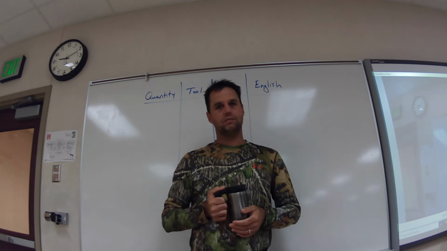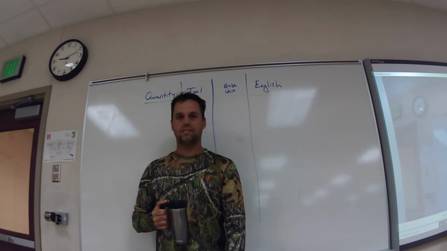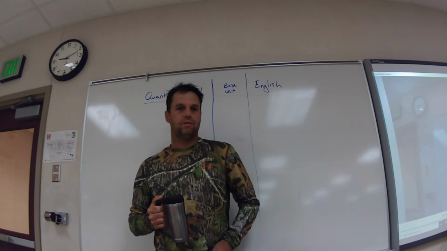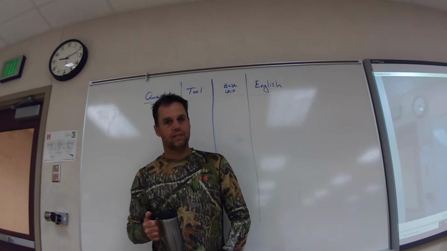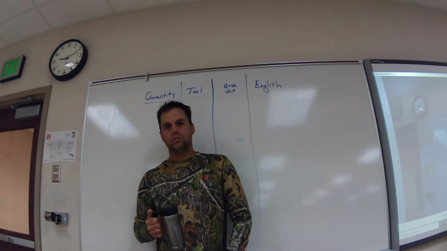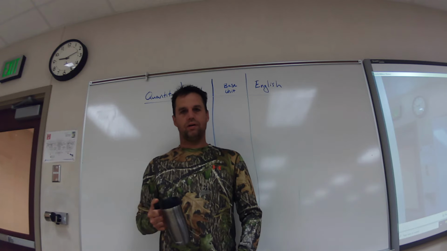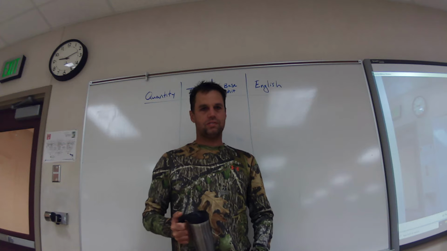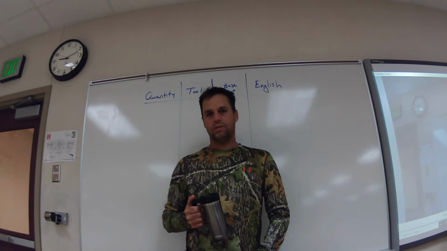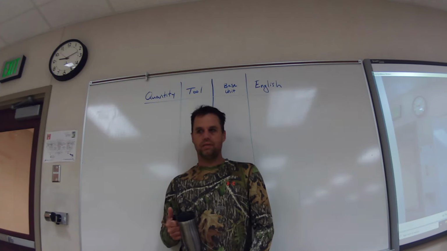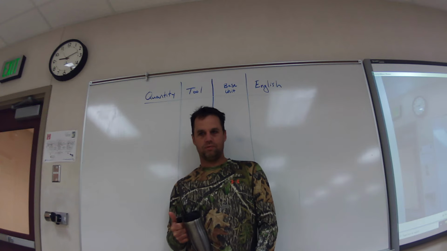So again, today is metric estimation, so we're talking all about the metric system, and it's something you've talked about before. So I don't think this is going to be too tough for you to understand, but hopefully I can remind you of some things that are helpful and help you start thinking in the metric system. That's my goal, that you wouldn't be converting, but that you would be thinking in the metric system.